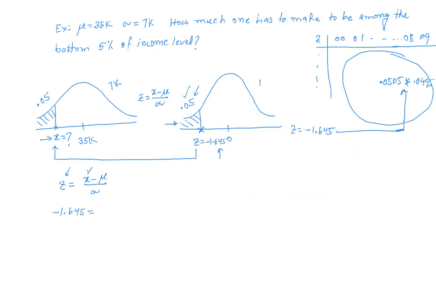X is the value we are looking for. We don't know. So X minus mu, which is $35,000, divided by sigma, which is 7,000. Now to solve for X, we are going to multiply both sides by 7,000. Okay.